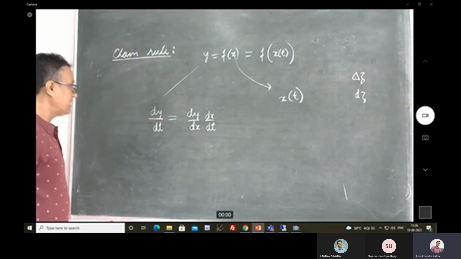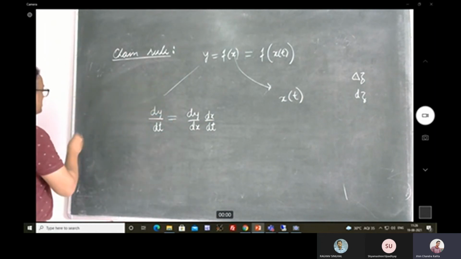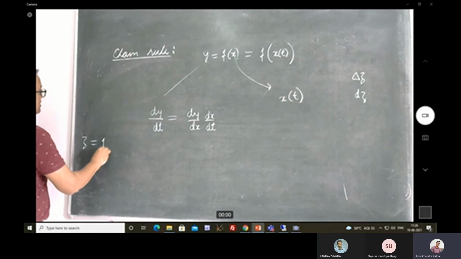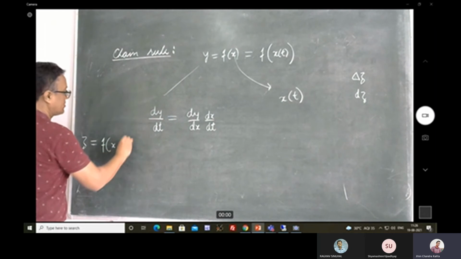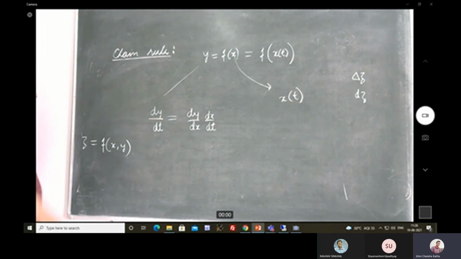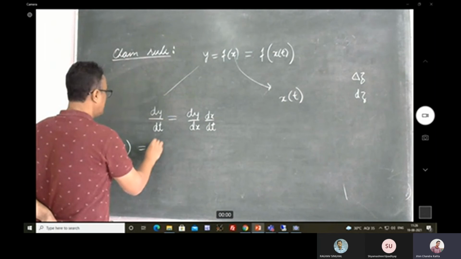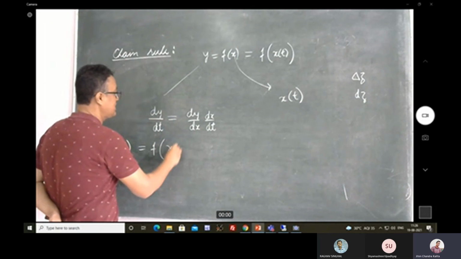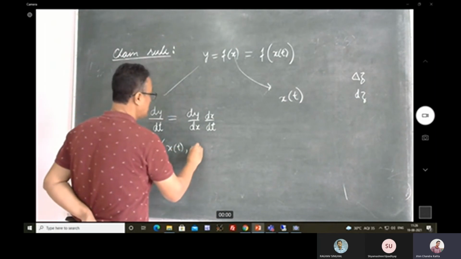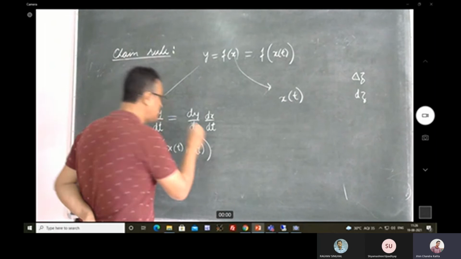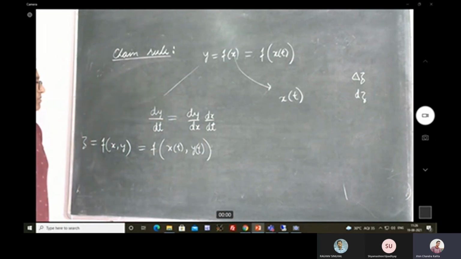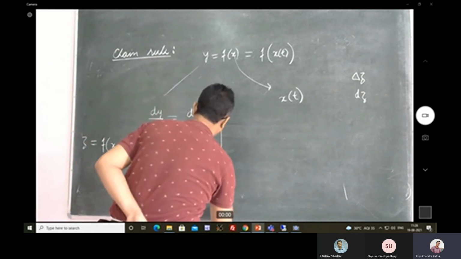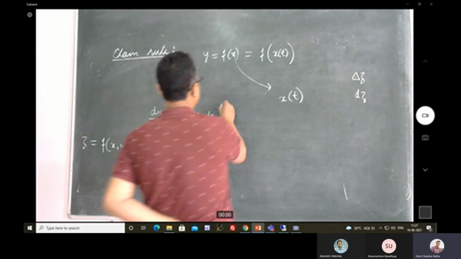Fine. So likewise, suppose I consider a function of two variables like this, and each of x and y themselves are functions of another variable t. So then what is going to happen?